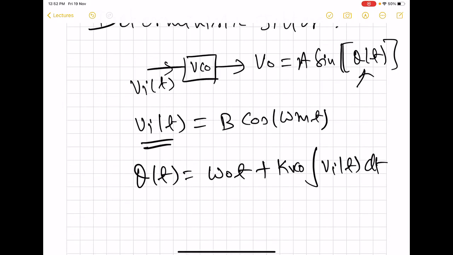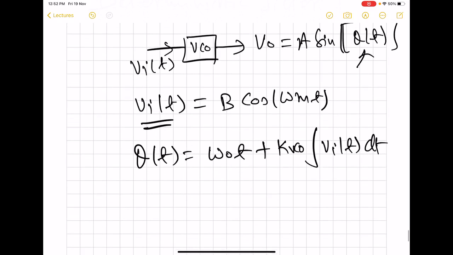So this is how the output frequency or the phase of the output of the VCO is going to be determined. So this will be omega naught t plus K VCO. From here we can calculate this.